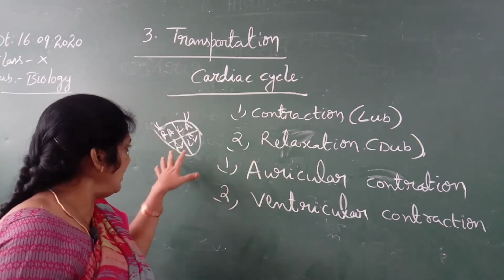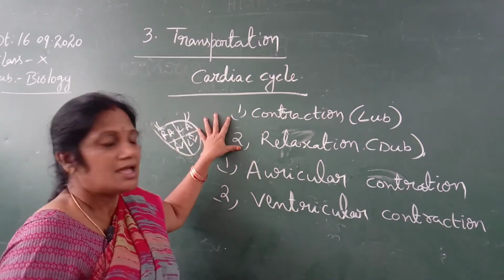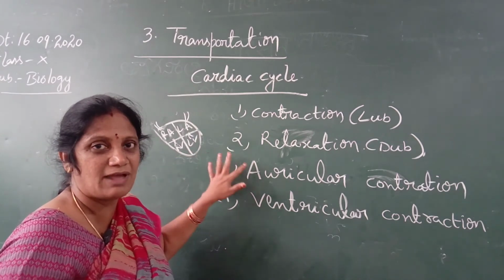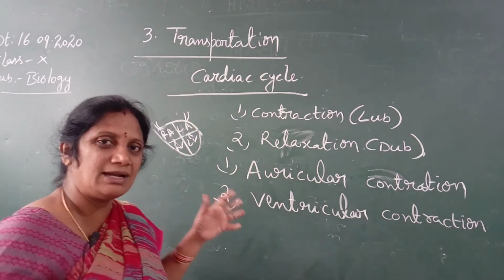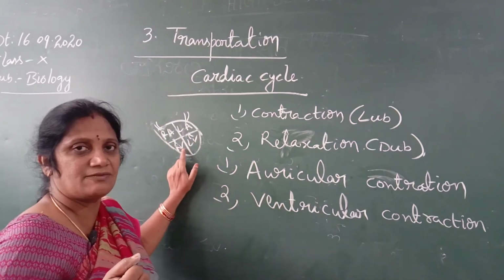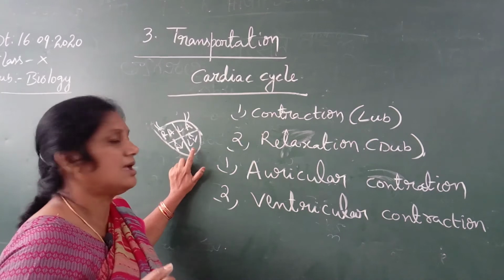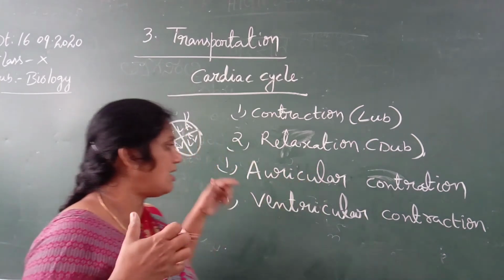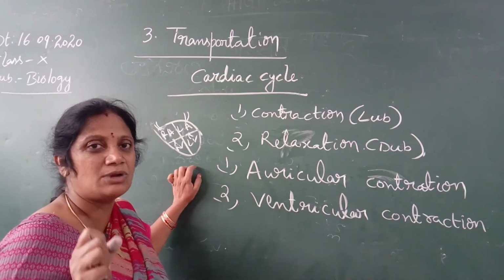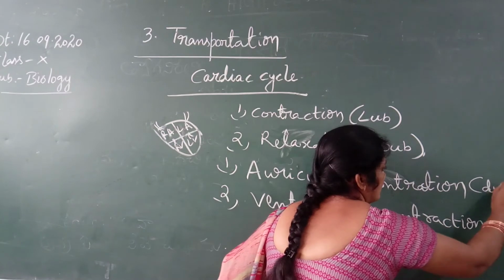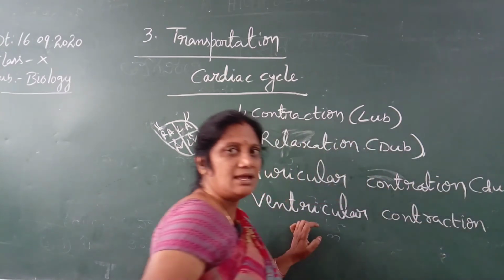When the blood enters the arteries, the aortic valve and the pulmonary valve get closed. Then when these ventricles relax, again the blood wants to come back, so it hits the valves with a big sound. That sound is called dub.